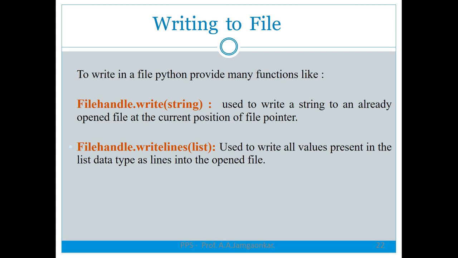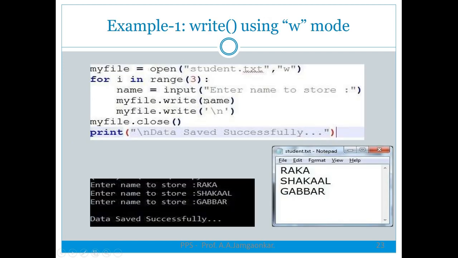Writelines means we have to write multiple lines inside the file. We provide the values inside a list variable, and all of them get written in the file with the help of the writelines method. Here is an example. If we have to write names, we use the write method.